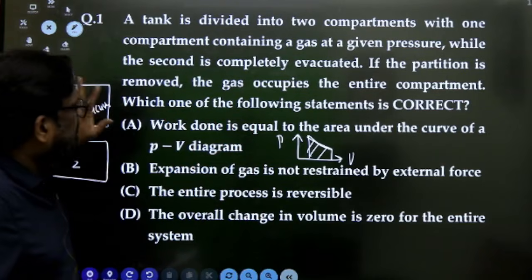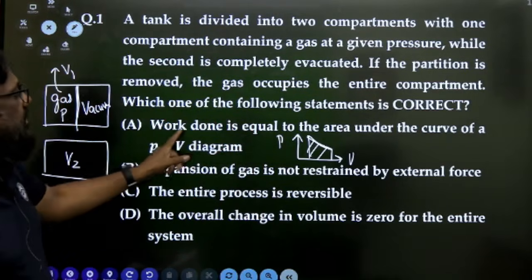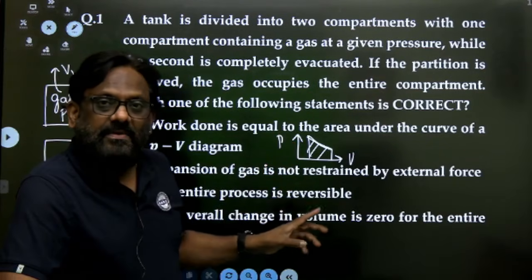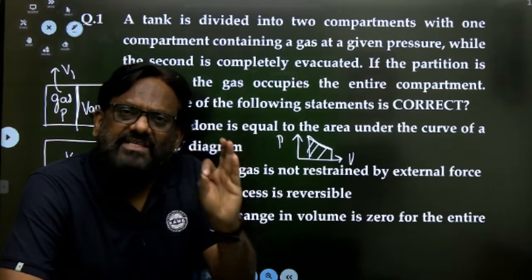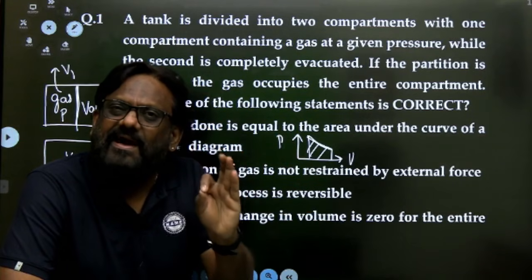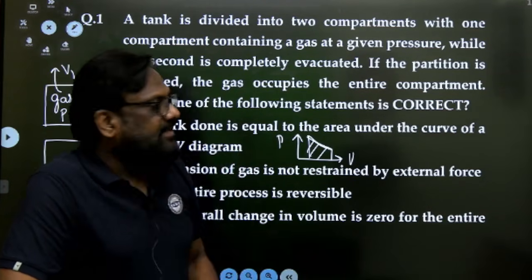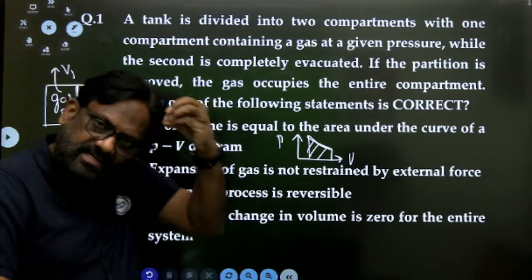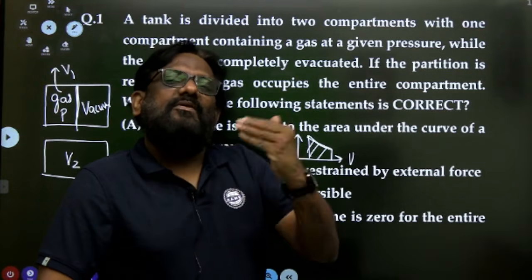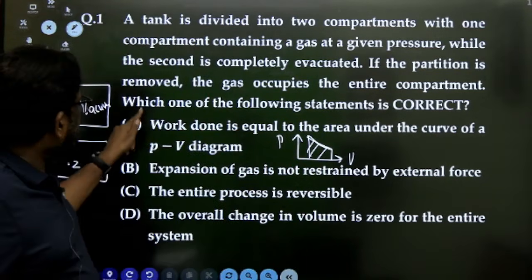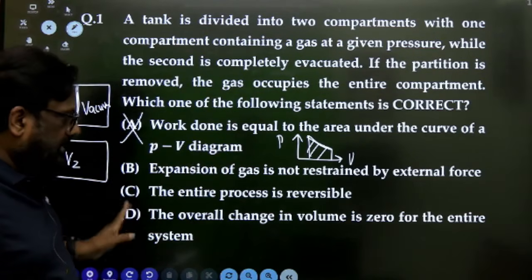In this case, as the process is irreversible, the work done is not equal to the area under the curve. Always remember, for an irreversible process, the area under the curve will not give you the work transfer. In fact, in this case, the work transfer is zero. इसमें तो work zero ही है, क्योंकि free expansion में work zero होता है. So the first option is absolutely wrong. The work is equal to area? Leave it.